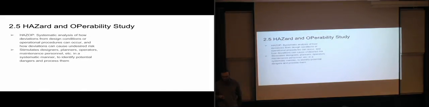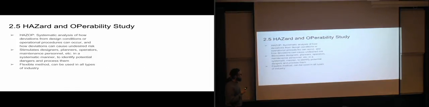So the HAZOP method stimulates the designers, planners, operators themselves, the maintenance personnel, and everyone that's involved in either the design, the use of the design, or the operation that's going to be performed, to identify potential dangers in a systematic manner and then process them to figure out ways that we can avoid these dangers.